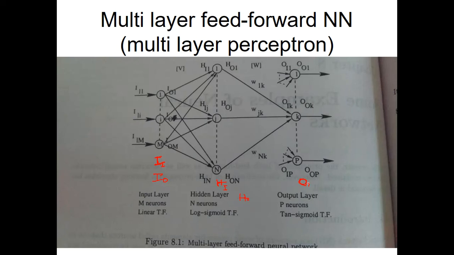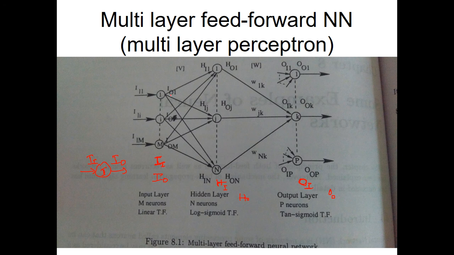It may be OI or OO. So first subscript tells whether it is input or output, means the quantity left side of neuron or right side of neuron. So the left side of neuron will be I and the right side of the neuron will be O at input layer.